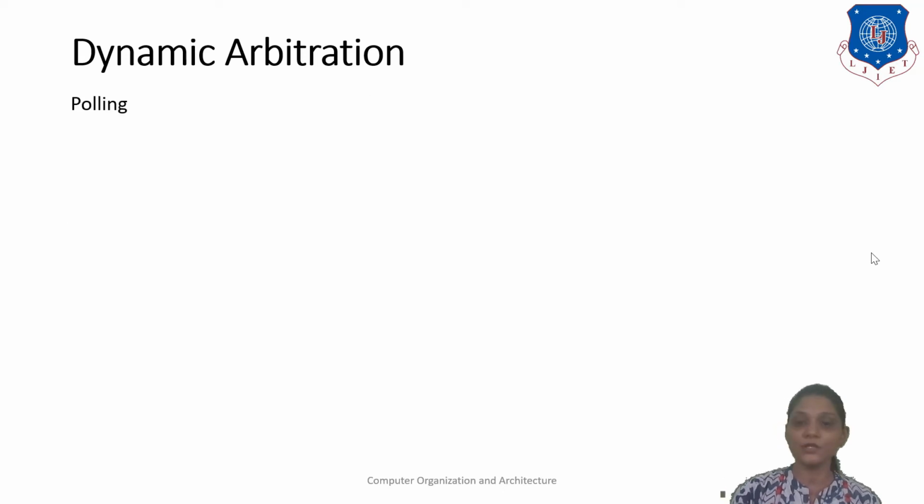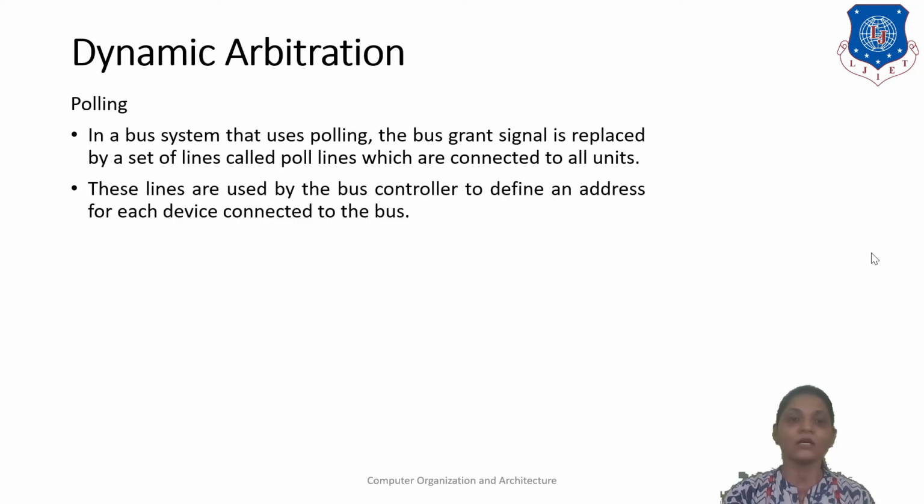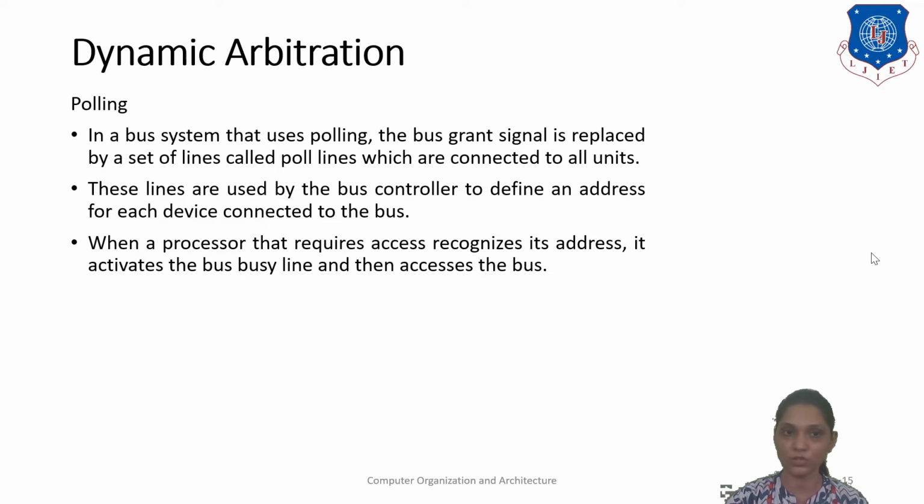Now another method we can use is polling. In a bus system that uses polling, the bus grant signal is replaced by a set of lines that we call poll lines. These lines are used by the bus controller to define the address of each device connected to the bus.